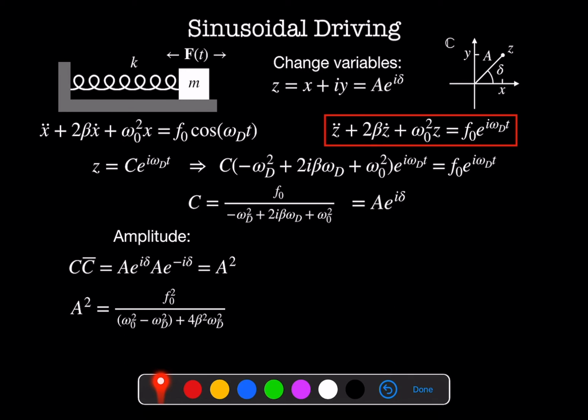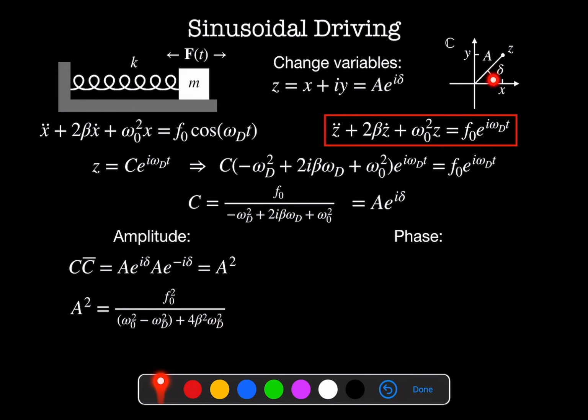I can plug this into my definition for C here, and I end up with an equation for A squared. So this is equal to F naught squared divided by omega naught squared minus omega_d squared, quantity squared, plus 4 beta squared omega_d squared.